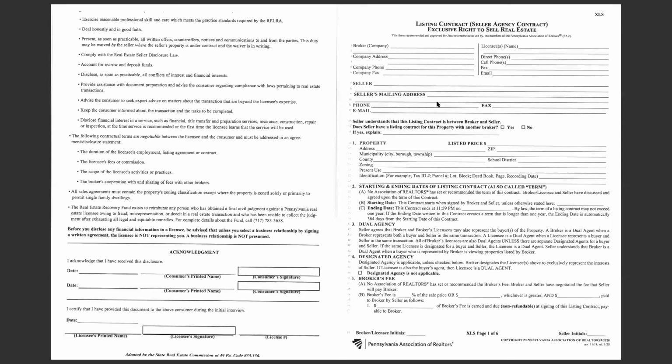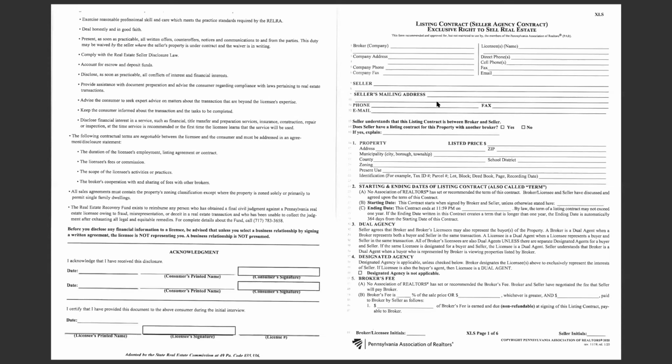So it's another reiteration of those two forms of agency. We practice, look at 4, there's a teeny tiny box, and it says designated agent is not applicable. We as a company, Keller Williams Philadelphia, practice designated agency. So you will never check that box off. That is how we do our business as a brokerage.